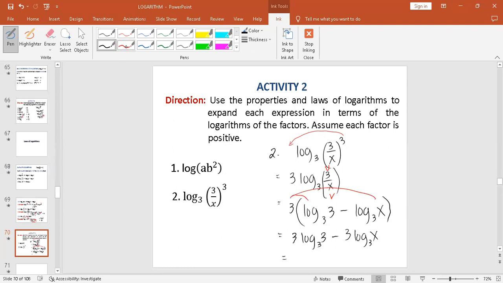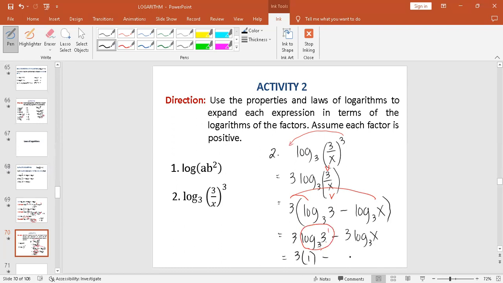How? By applying the properties of logarithm. Tingnan nyo ito, class. Parehas yung bases. Di ba may exponent yan na 1? So, ang magiging sagot ng logarithmic expression na ito ay 1. So, it will become 3 times 1. Okay?